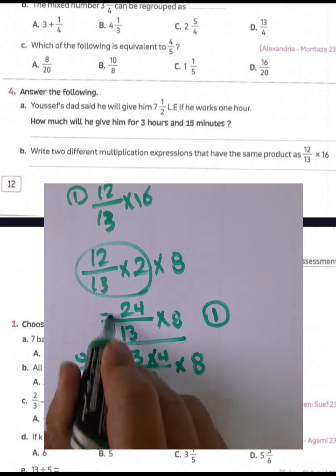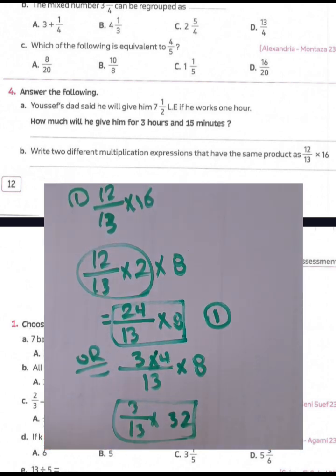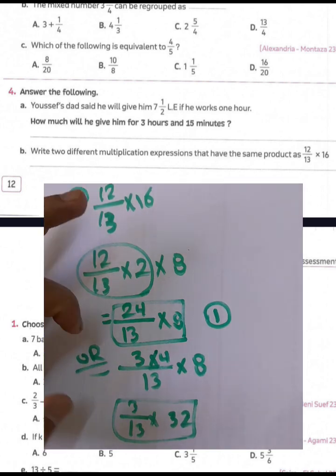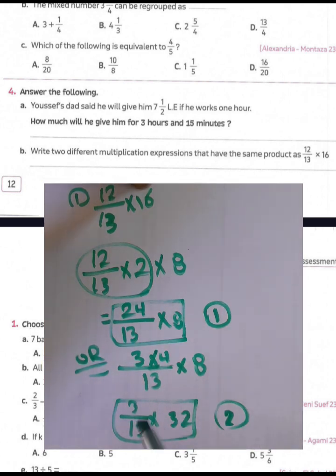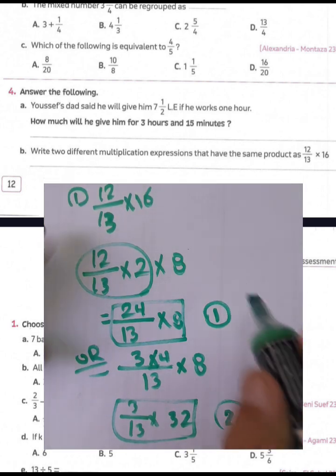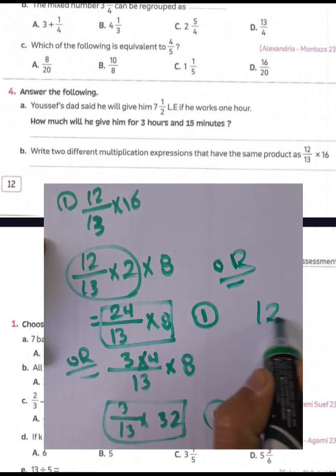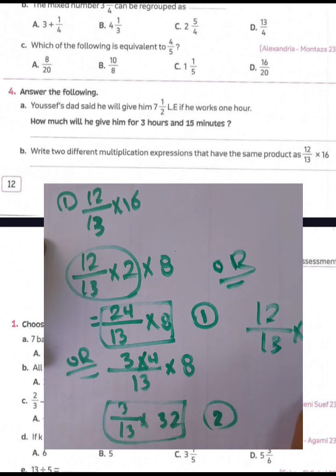Second solution. Then you will find in this example two different multiplication expressions that give the same product as 12 over 13 times 16. It's the first number and this second number. Okay, we have two solutions. Understood? You can write 16 by any method as you like. 16 equals 4 times 4, or you can write 12 over 13 times 4 times 4.